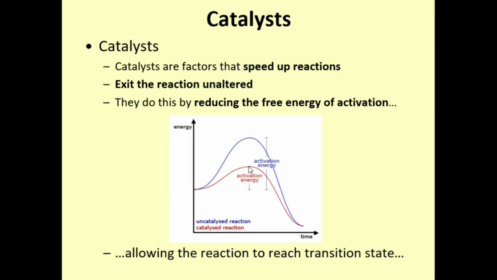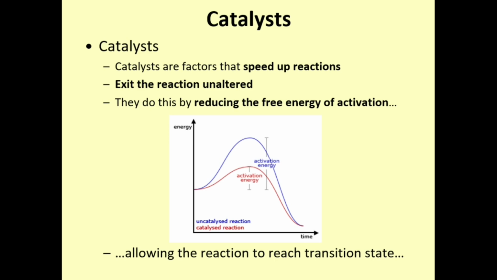So a catalyst will lower or reduce the activation energy barrier, reducing the amount of energy that is required for the reactants to reach the transition state. It's an important thing to remember that enzymes do not add energy to a chemical reaction. They reduce the amount of energy that is required for that reaction to take place.